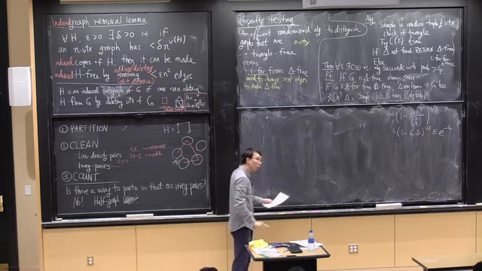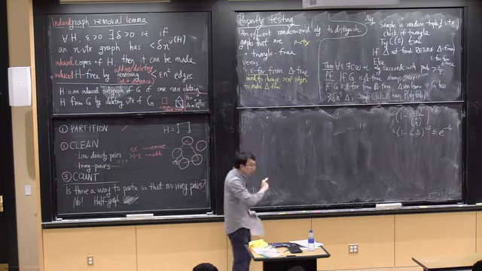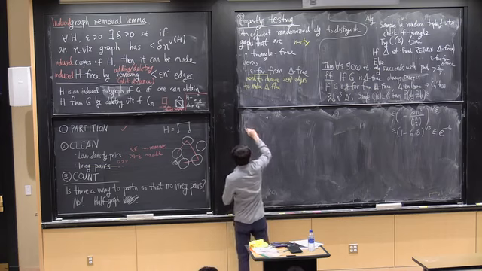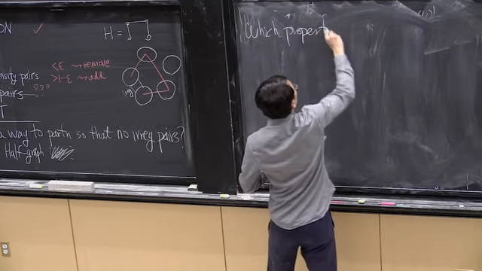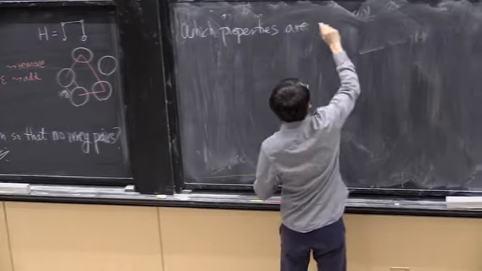Okay, so I just want to finish off with one more thing. Instead of testing for triangle freeness, you can ask what other properties can you test? So which graph properties are testable in that sense?